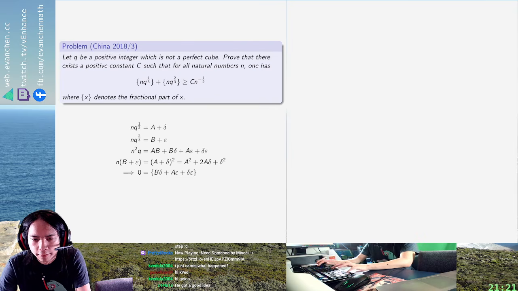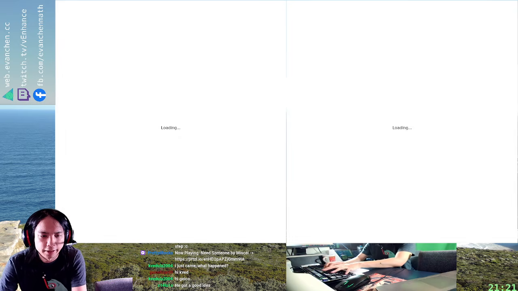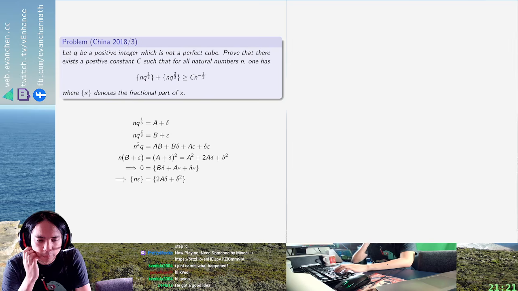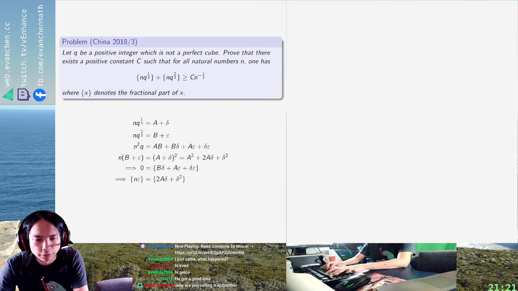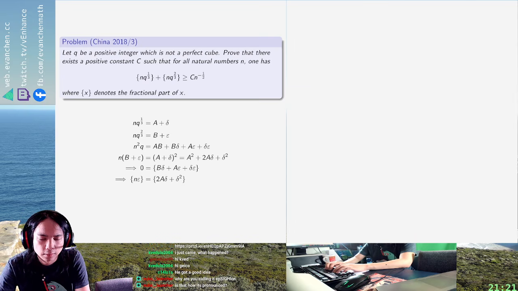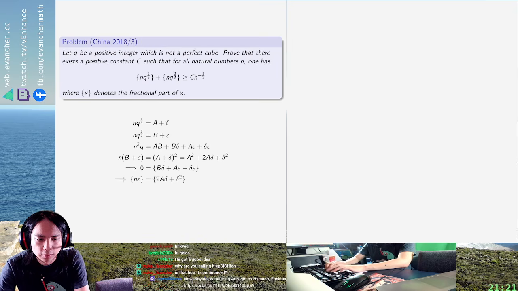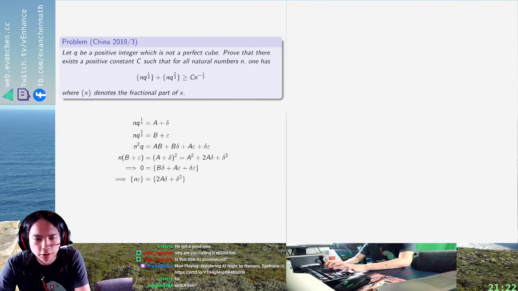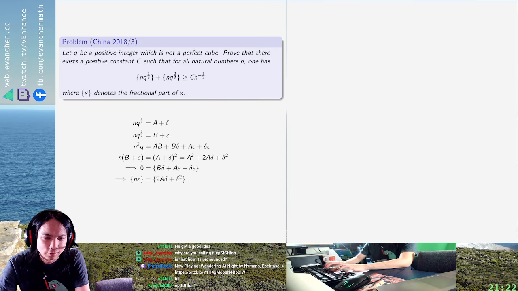Finally, we know that a is (nq)^(1/3) plus little o plus something, so assume delta and epsilon are both less than c n to the minus f.